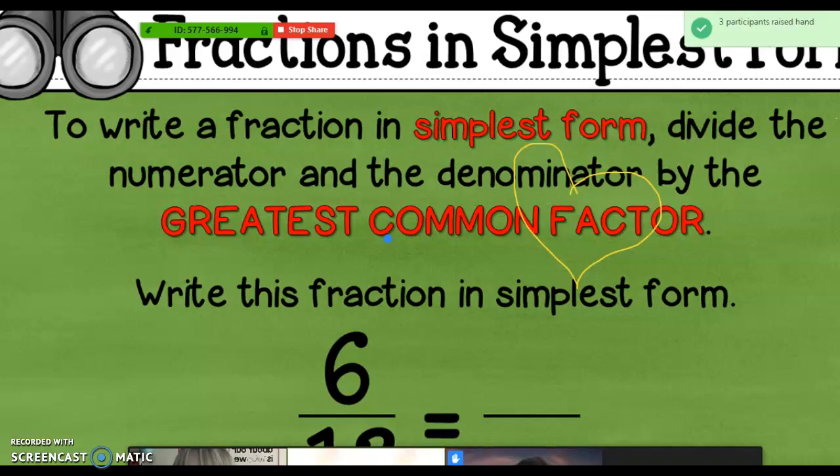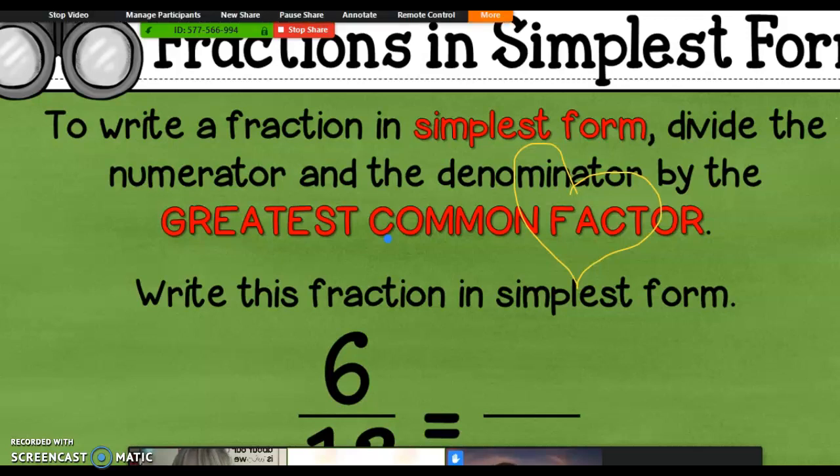The numerator, I'm afraid, is not the number on the bottom. The numerator is the number on the top. Okay? The denominator is the number on the bottom. So we've got this fraction. We need to put it into simplest form.